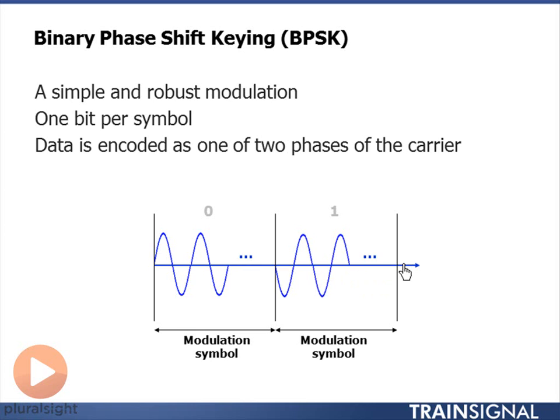So what I'm doing is every bit period I'm changing the phase of the waveform in order to distinguish between your ones and zeros. Again, binary phase shift keying, 1 bit per waveform. The correct terminology is 1 bit per modulation symbol, but I always like to say 1 bit per waveform because it's conceptually easier to understand.